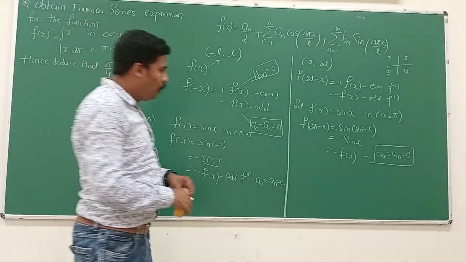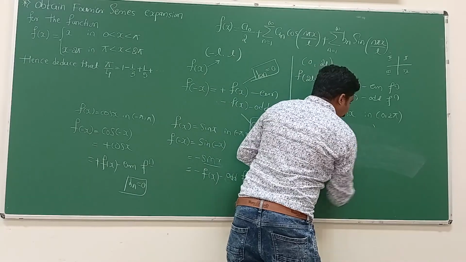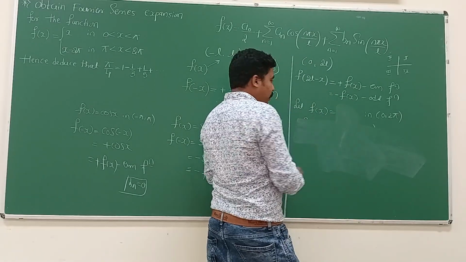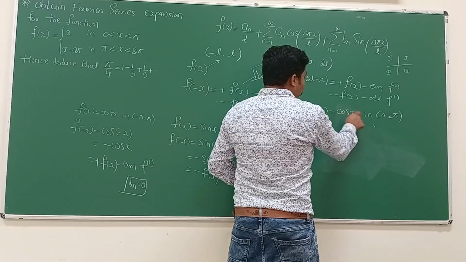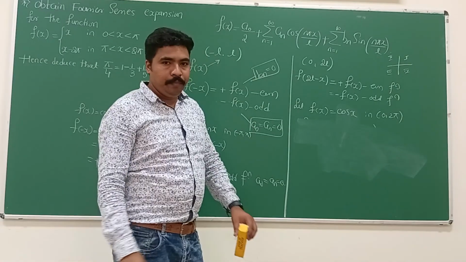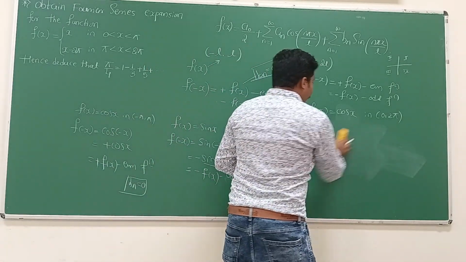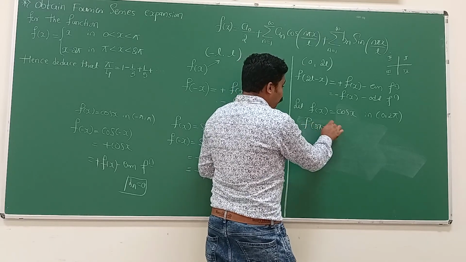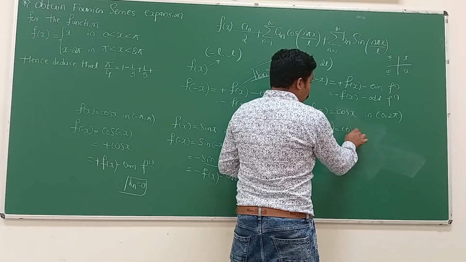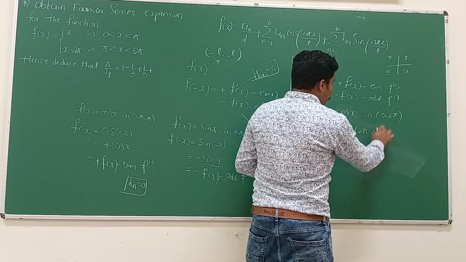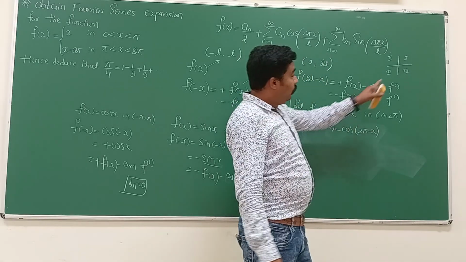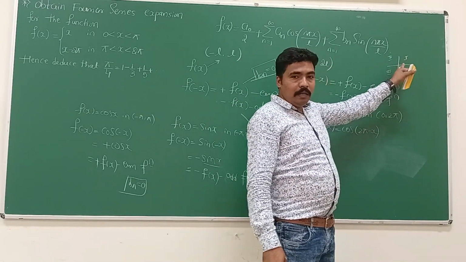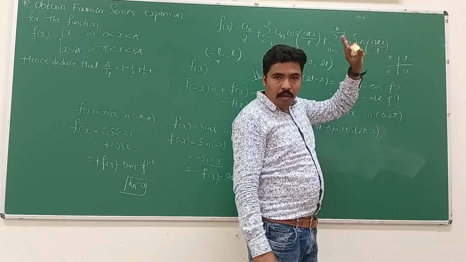I take the same with cos only. Instead of sin x, if I take cos x in the same interval 0 to 2 pi, what happens now? You have to replace x by 2 pi minus x, right? Cos of 2 pi minus x. Again, fourth quadrant, cos and its reciprocal are positive, remaining all are negative.